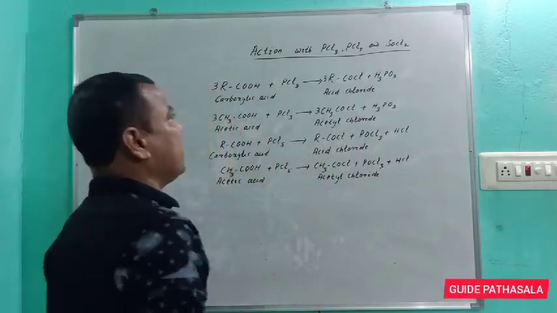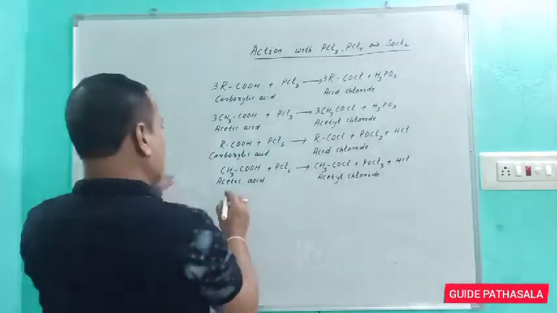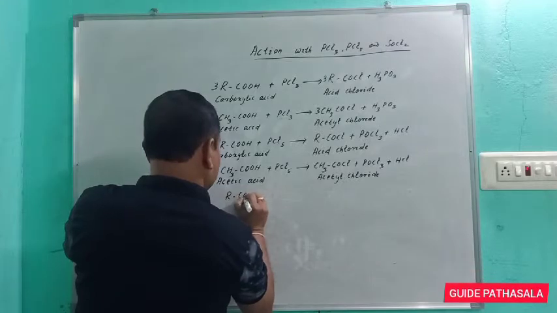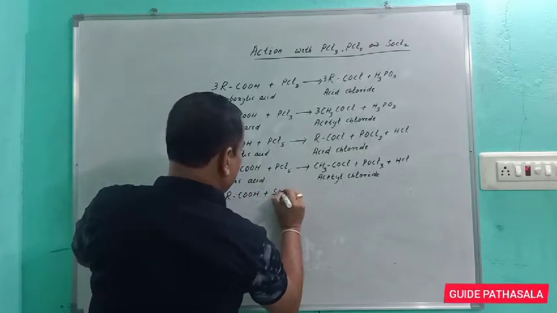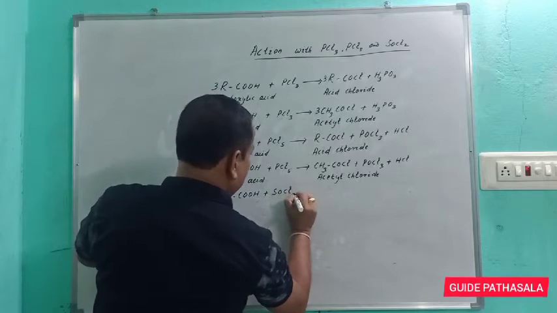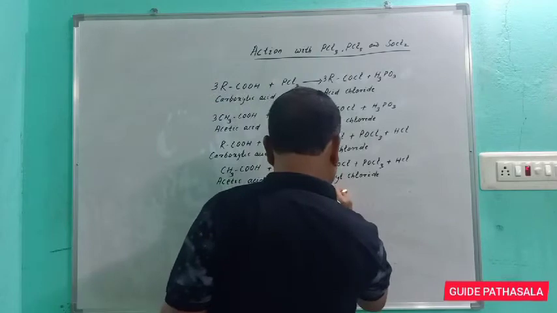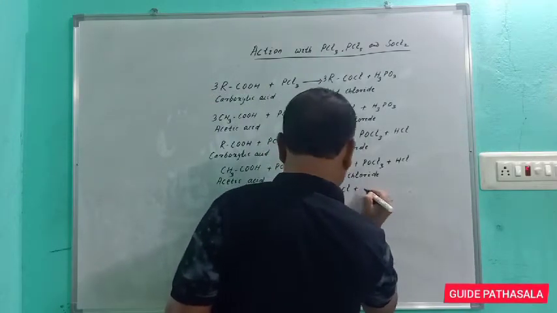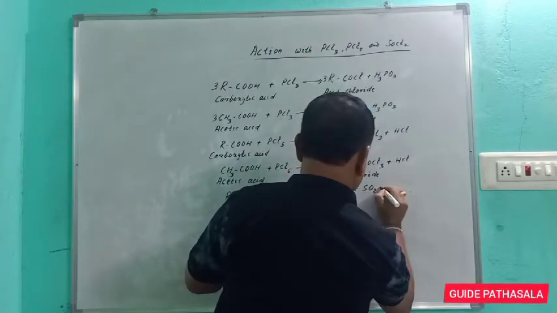When a carboxylic acid reacts with thionyl chloride, SOCl2, an acid chloride is formed. RCOOH, your carboxylic acid, when it reacts with thionyl chloride, SOCl2, forms an acid chloride having formula RCOCl plus sulfur dioxide, SO2, plus HCl.